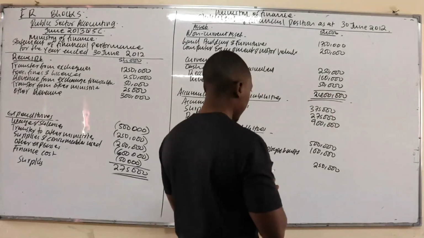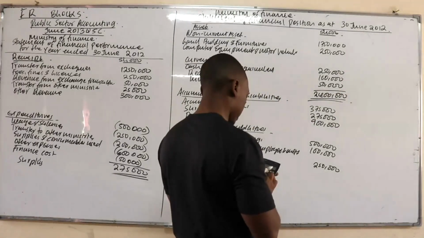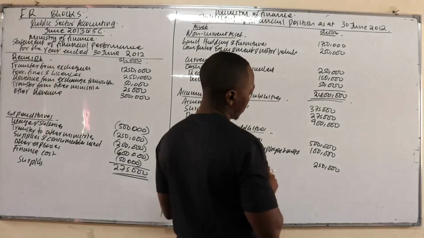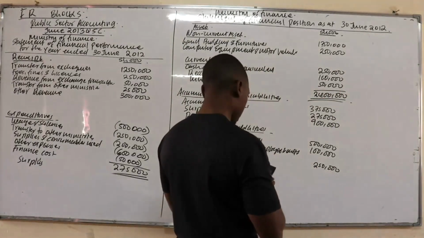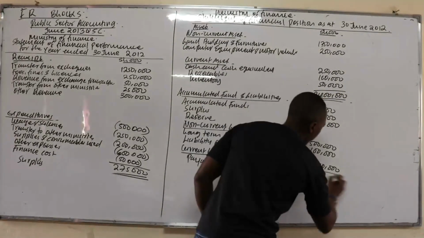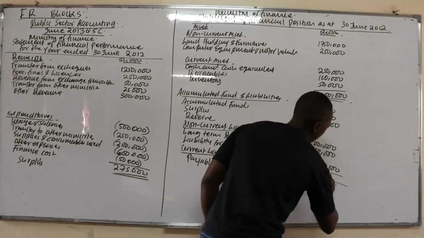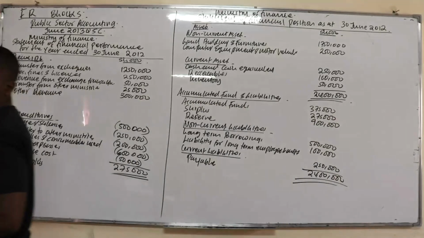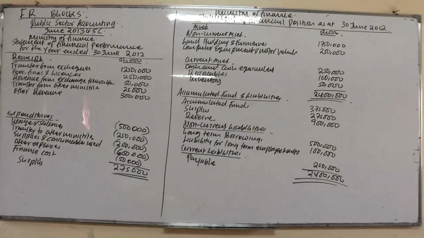So 375 plus 275 plus 900, 5, 6, 7, 8, 850. So you can take a screenshot of that.